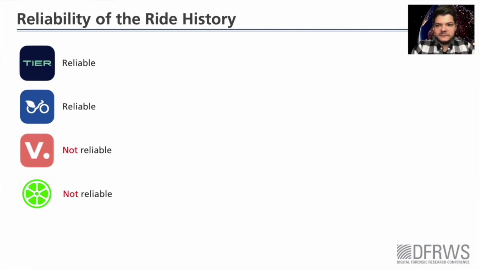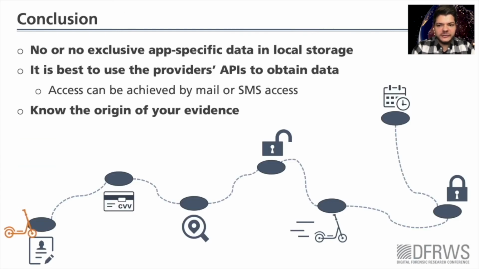So in short, Tier and Nextbike are more or less reliable. You cannot spoof the data. And Voi and Lime, not really reliable. You can spoof the data, so you should be careful where you see it. Now, as a conclusion, after our ride on the micromobility roadmap, which is now finished, what have we learned?